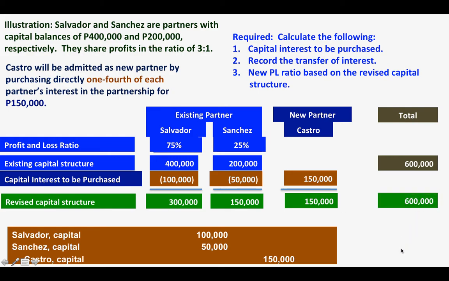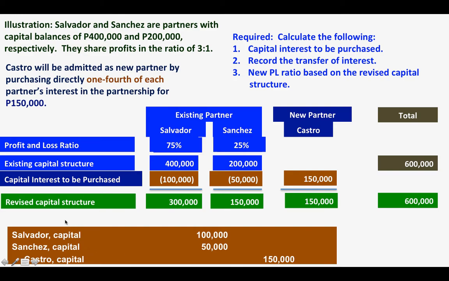Always take note, class, that in the admission of a new partner through buying from existing partners, there will be no changes in the total equity. Take note of that.